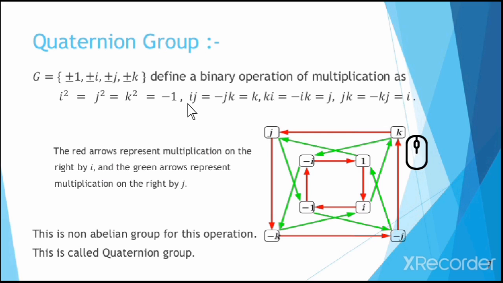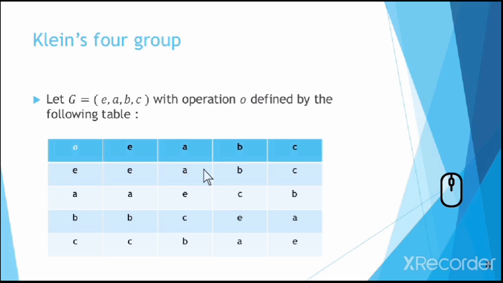It is very easy to prove, because I into J is K, but J into I is minus K. So it is a non-abelian group. In the figure, red arrows represent multiplication on the right by I and green arrows represent multiplication on the right by J. So this is the quaternion group.